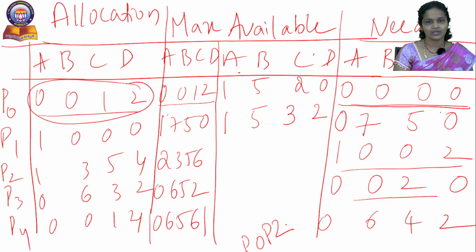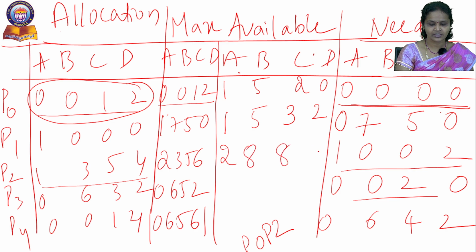P2 also completed its execution, and whatever resources were allocated for process P2, we are going to add to the available resources. So it will be 2, 8, 8 and 6. These are the current available resources. Now again we need to check whether any other process request can be satisfied.